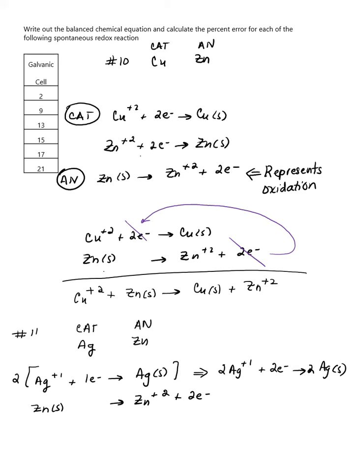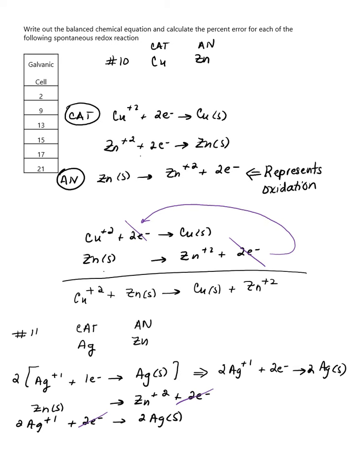So I'm going to write down my equation here for the reduction of silver. You see your 2 electrons here are canceling out with 2 electrons there. So whenever you have to balance the number of electrons, you're going to use a coefficient. You're going to multiply the whole half reaction by a number.